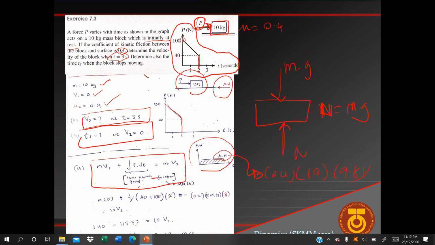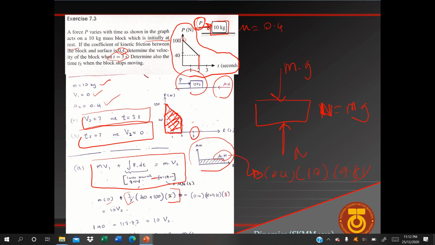So replace this equation with the information that you know: m times 0 because it starts from rest, plus, this is for the forces. So the force at 3 seconds, but the force is only given up to 2 seconds. So you can only calculate the force up to 2 seconds, because there's nothing beyond that.